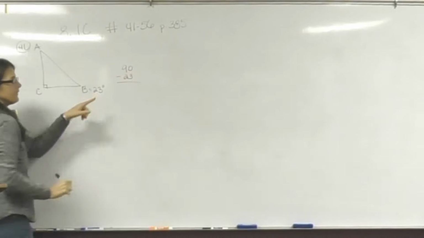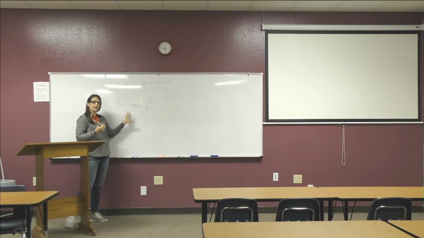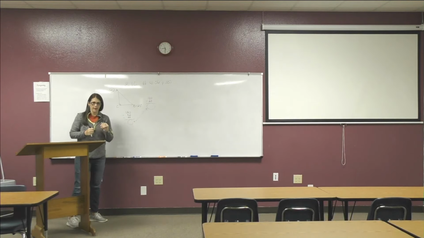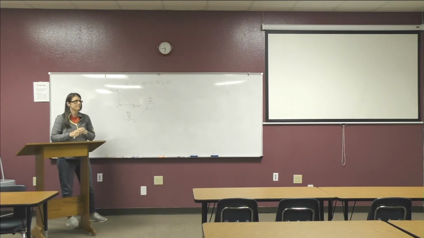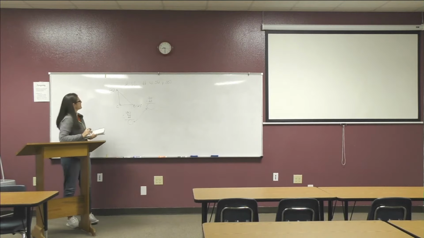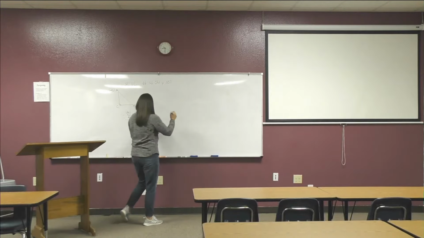But I want to see, are you going the long way or the short way? So that will work for 41 through 46. And then 47 through 52 are the types of problems where you are only given angles. So this is what I would like to see on these problems.